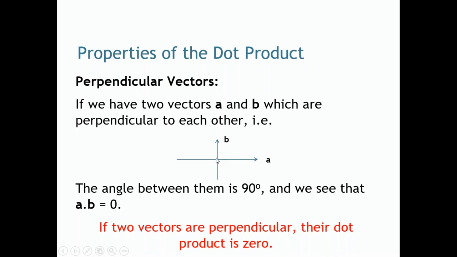You get that from secondary school, that the angle between the vertical and the horizontal line is 90, and we see that A dot B is equal to 0. If two vectors are perpendicular, their dot product is 0. Please note that when two vectors are perpendicular, their dot product is 0.